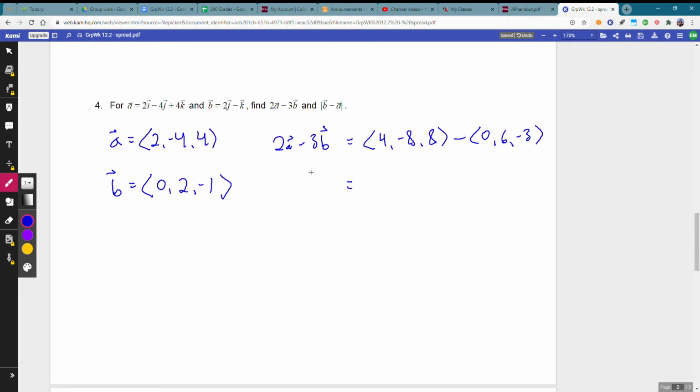We're subtracting those, and so we do that component-wise. All right, so doing our X components, 4 minus 0 gives us 4, and then negative 8 minus 6 is going to give us negative 14. And then 8 minus negative 3 is going to be 8 plus 3, so 11.